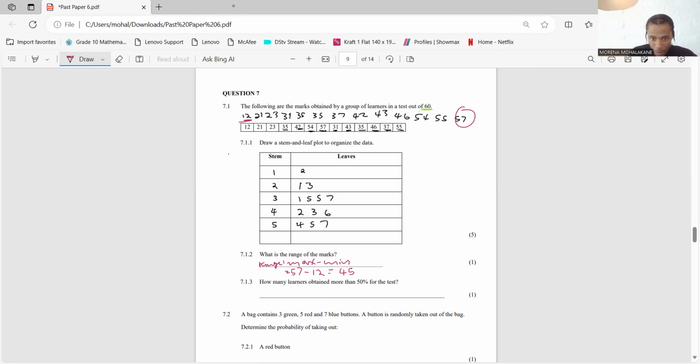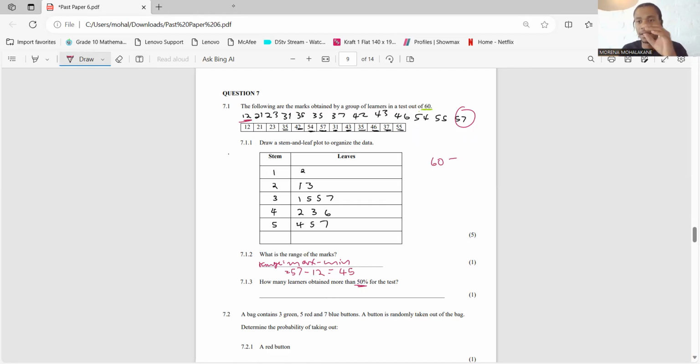How many learners obtained more than 50%? Remember, it's the percentage, not the actual number. So I know out of 60, half of 60 is 30.